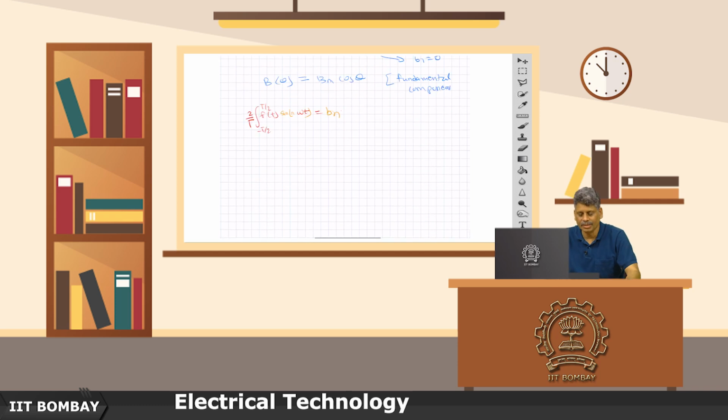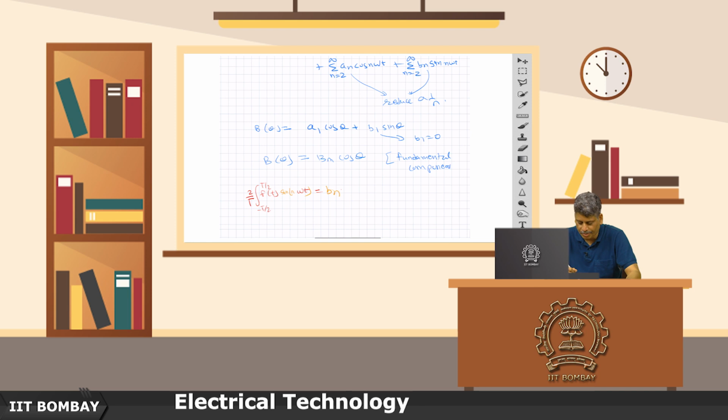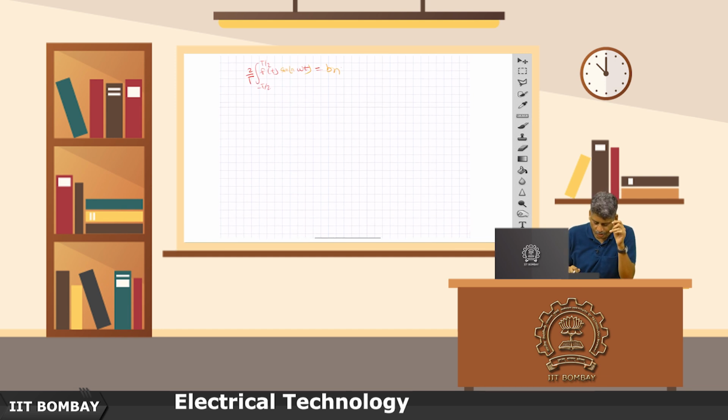To show that B 1 is equal to 0, which I am not doing here right now, is really not a difficult thing to do.